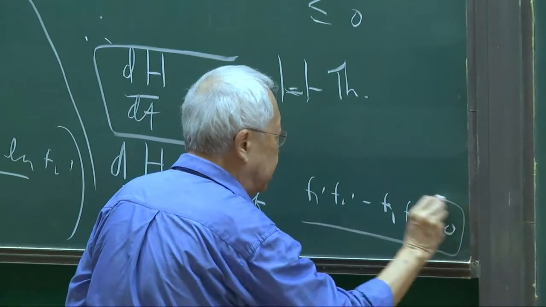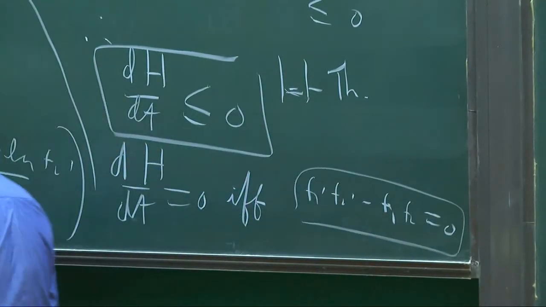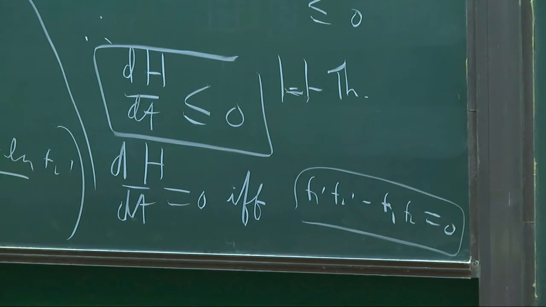So this sets up this as a necessary condition for equilibrium. And with this, we have proven that that condition is both necessary and sufficient for equilibrium. And we saw that last time, and we get a Maxwell-Boltzmann distribution.